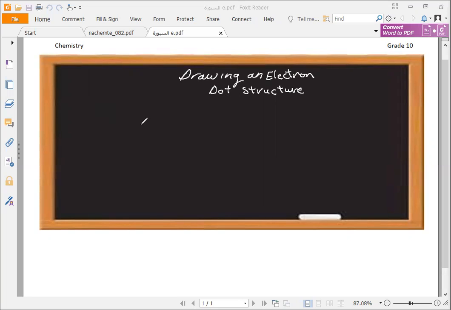We will start with elements, how we can draw the electron dot structure of elements.